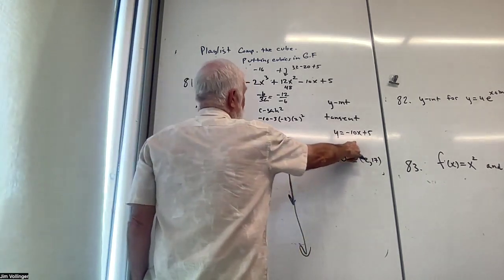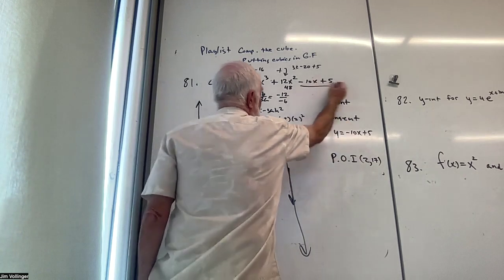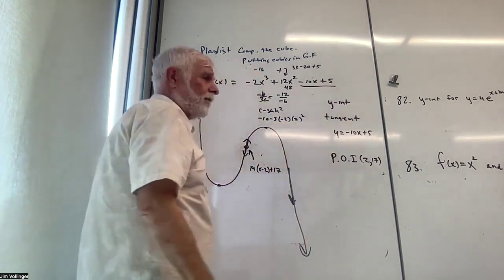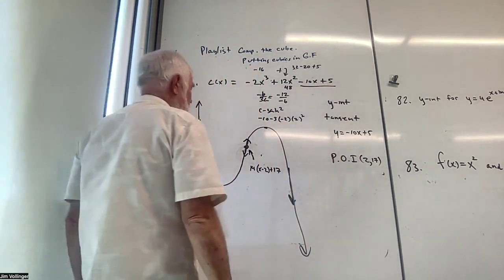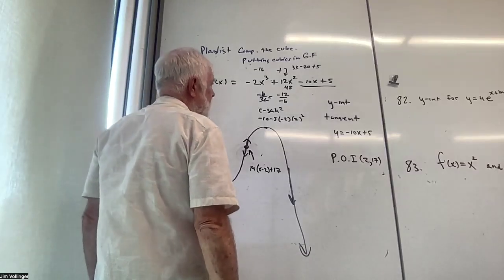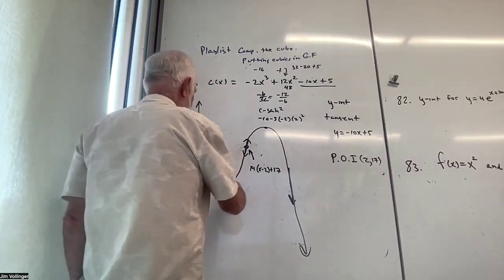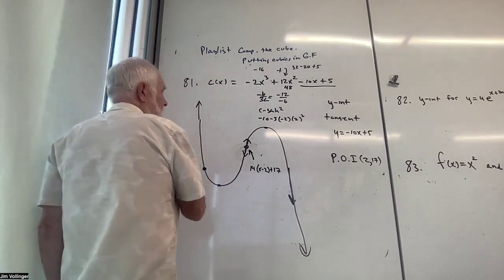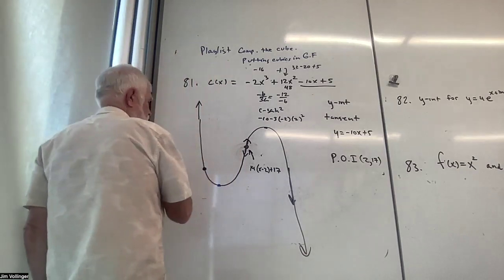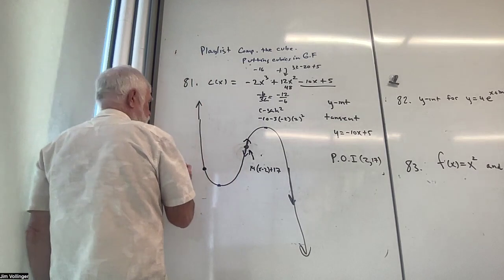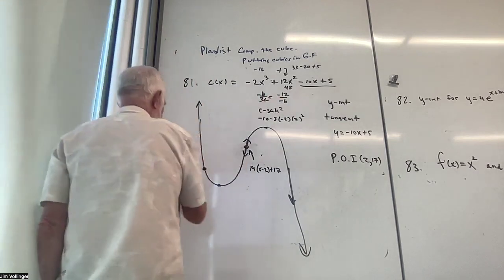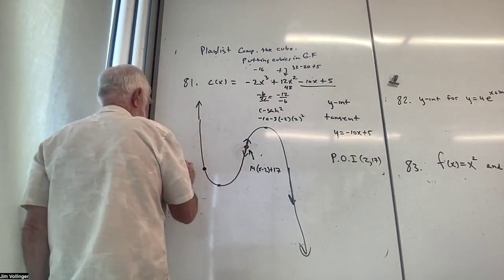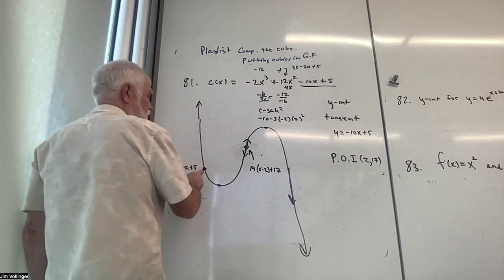The tangent to the y-intercept is, in a polynomial, the last 2 terms, always. So minus 10x plus 5 at 0, so 0 is over here. So that must be my tangent line right here at 0, 5. You can see 0, 5, so y equals minus, we might as well leave it in that form.